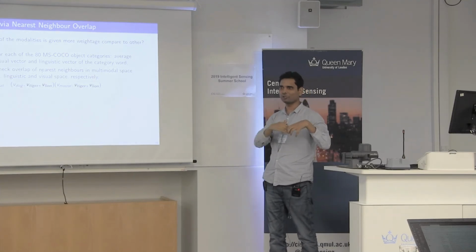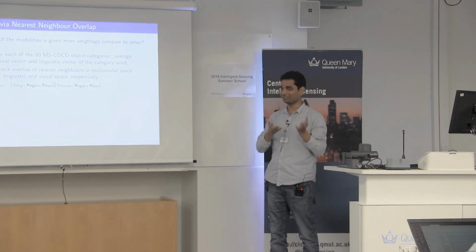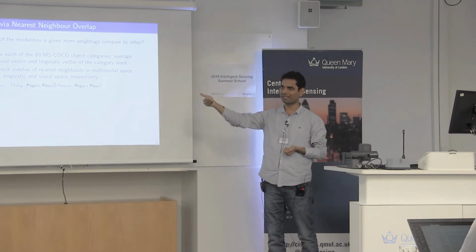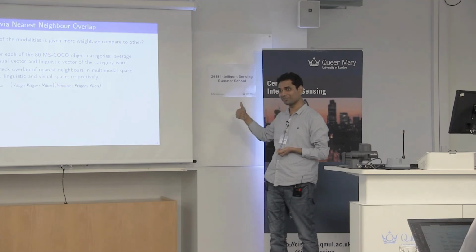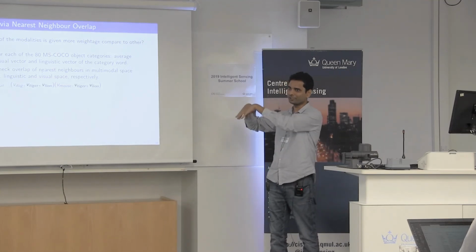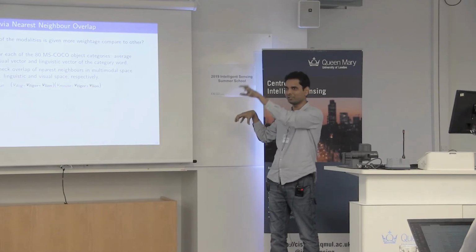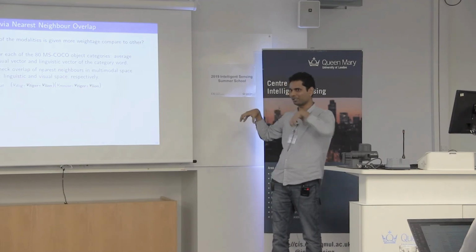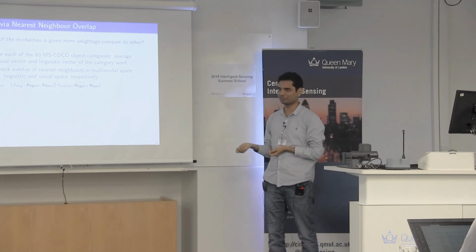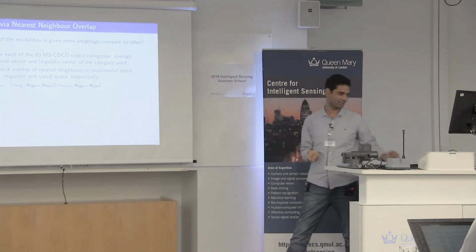We look at the nearest neighbors of the cat in the textual domain, in the visual domain, and in the multimodal domain, and try to find the overlap between multimodal and visual, and multimodal and textual, to see which modality it is giving more weightage.